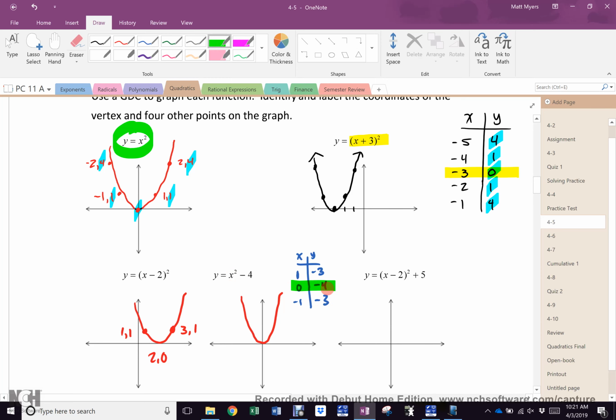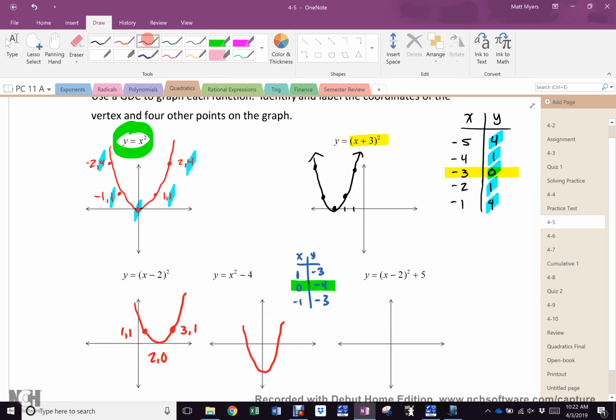Where is the vertex? 0 and -4, correct? What is my vertex in the original easiest in the world parabola? 0, 0. What's my new vertex? 0, -4. So what happened to my parabola? Did the x change? Just the y changed. How? It went down 4.